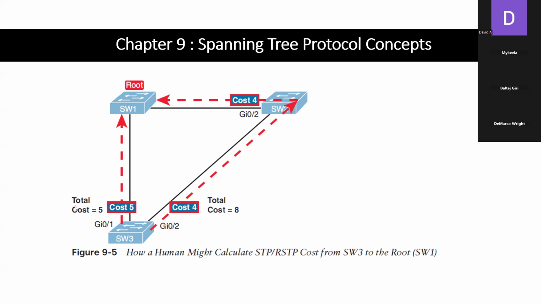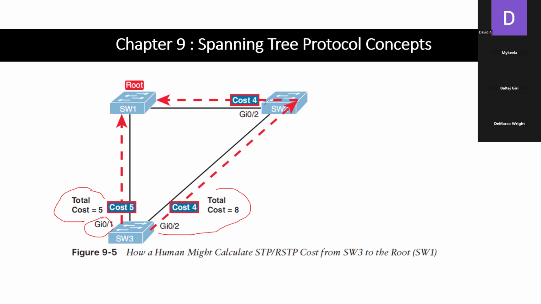Let's take a look at Switch 3. Switch 3 has two possible physical paths to get to the root. We have Gigabit 0/1, which has a cost of 5, and Gigabit 0/2, which has a cost of 4. We'll focus on this one first. It has a link cost of 4.